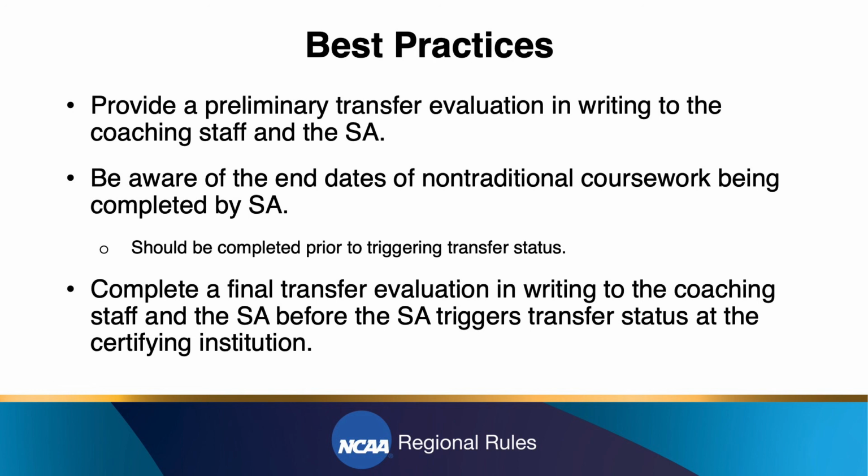All transfer criteria must be satisfied prior to triggering transfer status. Therefore, be aware of any end dates of non-traditional coursework being completed by the student athlete. Complete a final transfer evaluation in writing to the coaching staff and the student athlete before the student athlete triggers transfer status at the certifying institution.